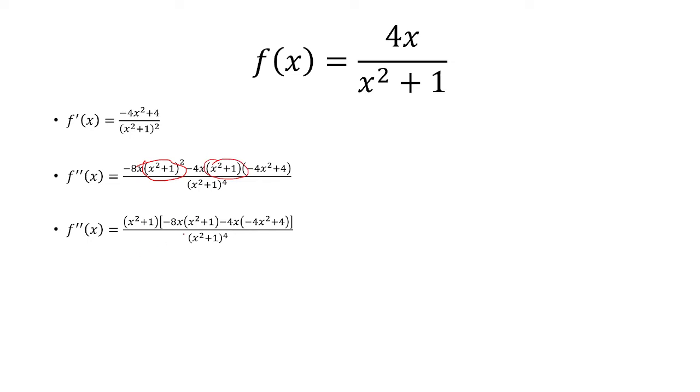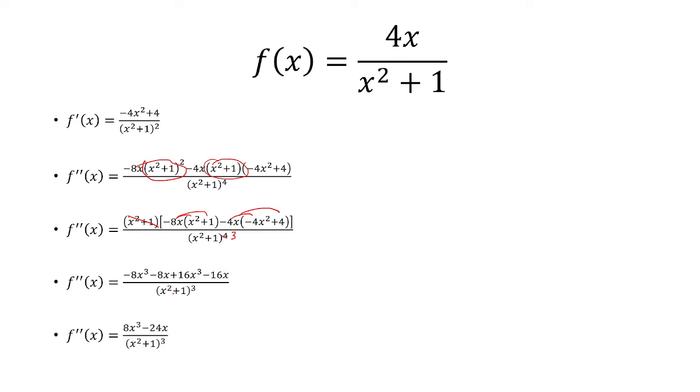Pull that out. I'm left with negative 8x times another factor of x squared plus 1, minus 4x times negative 4x squared plus 4. And this one is going to cancel with the bottom, and it's going to be cubed. And then I'm just going to distribute these. Negative 8x cubed minus 8x, plus 16x cubed minus 16x.